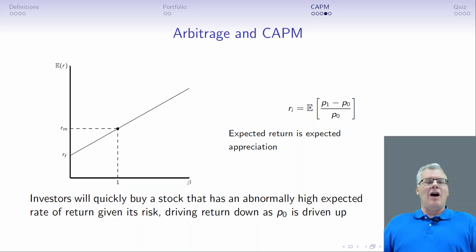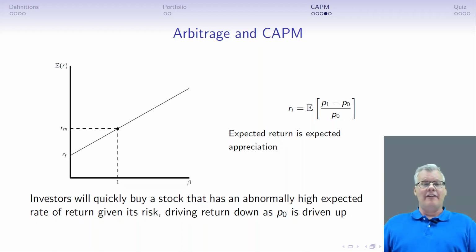Now, if we think about arbitrage in CAPM, I have the diagram on the left, which shows the expected rate of return on the vertical axis, and on the horizontal axis, beta, which you remember was a measurement of risk relative to market risk.